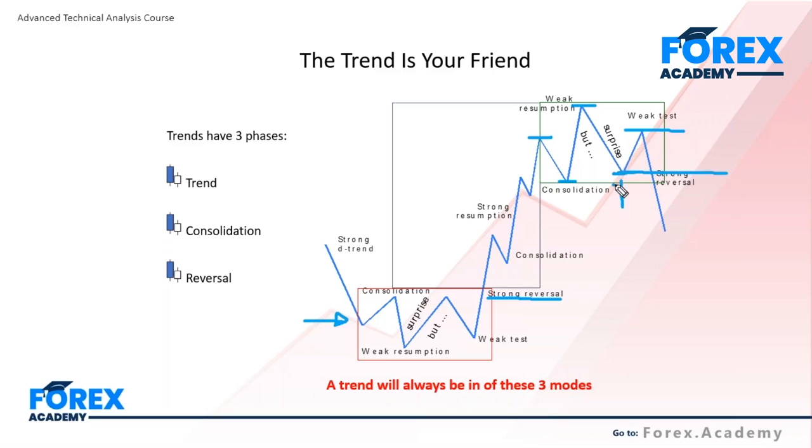And essentially, this is the cycle that a trend follows over and over again. A trend will always be in one of these three phases. Now, for us to appreciate where we believe the trend is in terms of which of these three phases, we need to understand certain behavioral elements around price action in each of these phases.